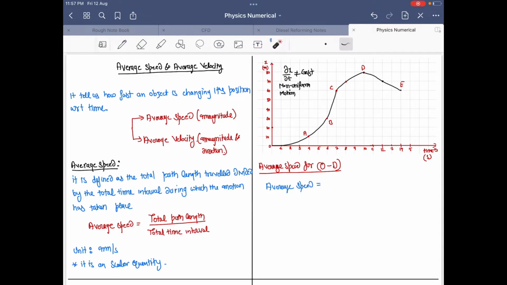Average speed tells us the total path length divided by the total time interval during which motion has taken place.